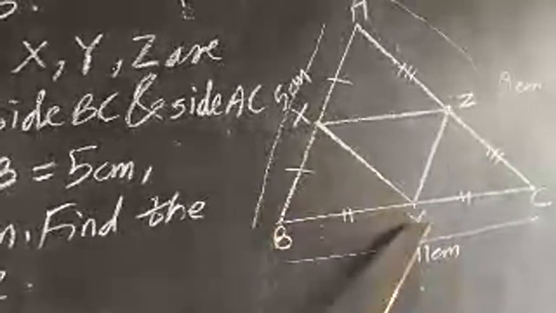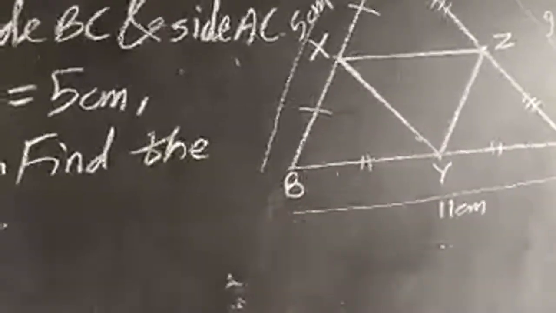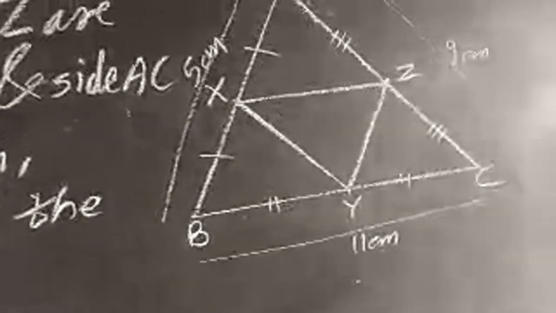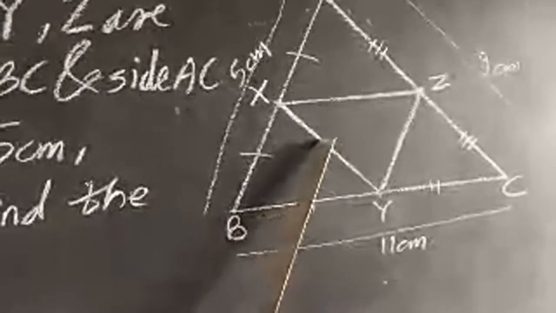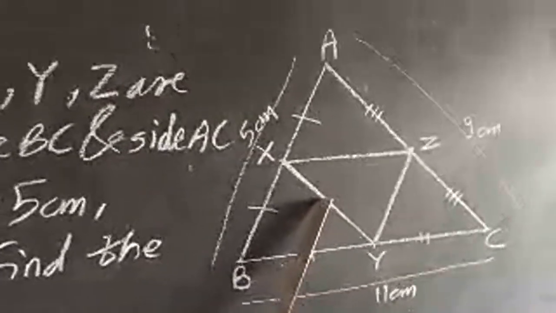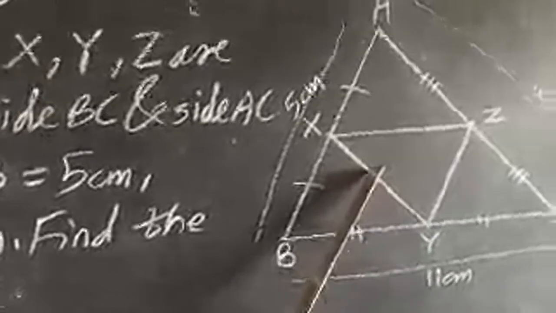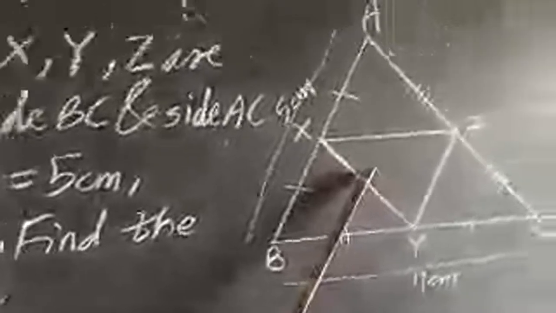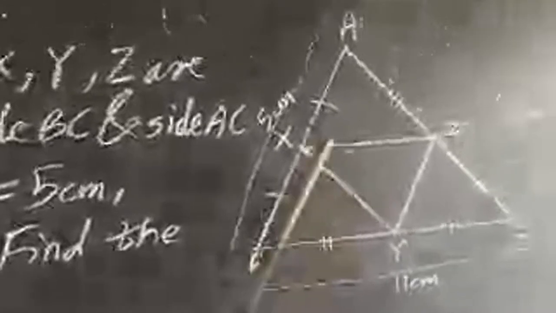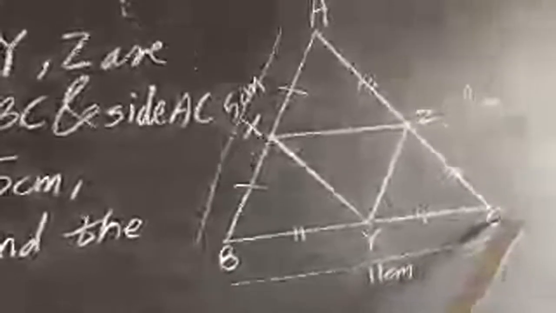XY length we can find out. Yes, correct. XY is half of AC. Why can you tell that answer?